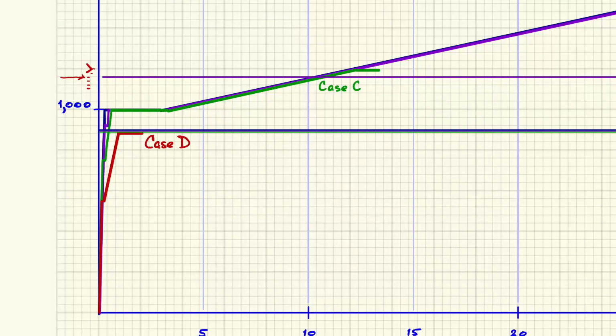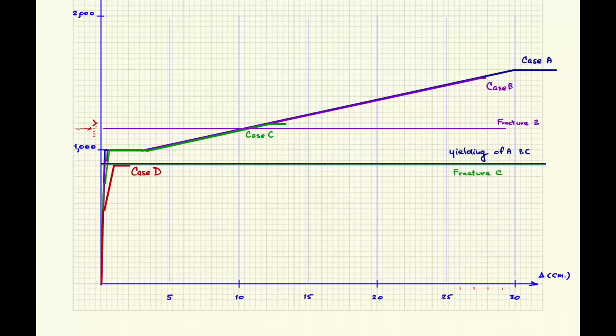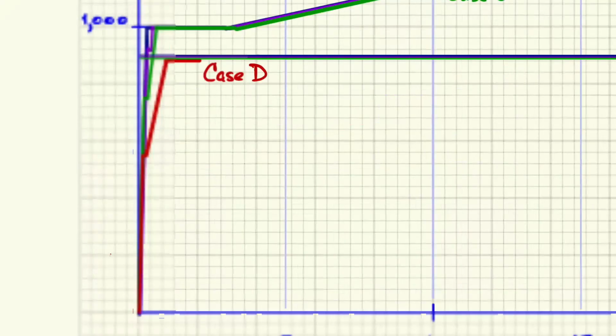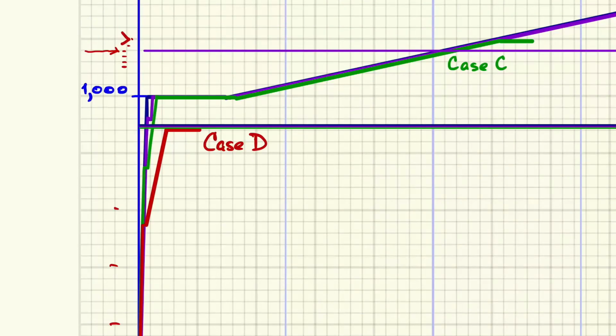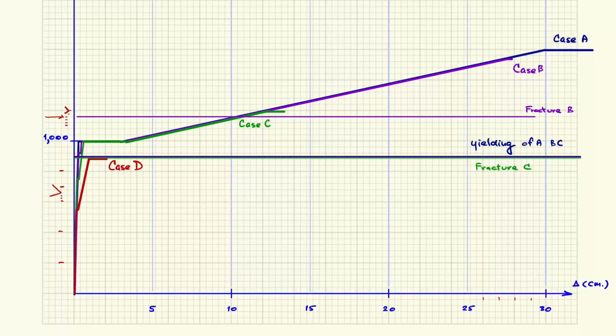And the case D, you do not have the gross member yielding, so you have only the fracture. So 880 multiplied by 0.75, you get 660. 660 is 2, 4, 6, 8. So 6 to here, this is 700, 20, 40, 60. This is 660.